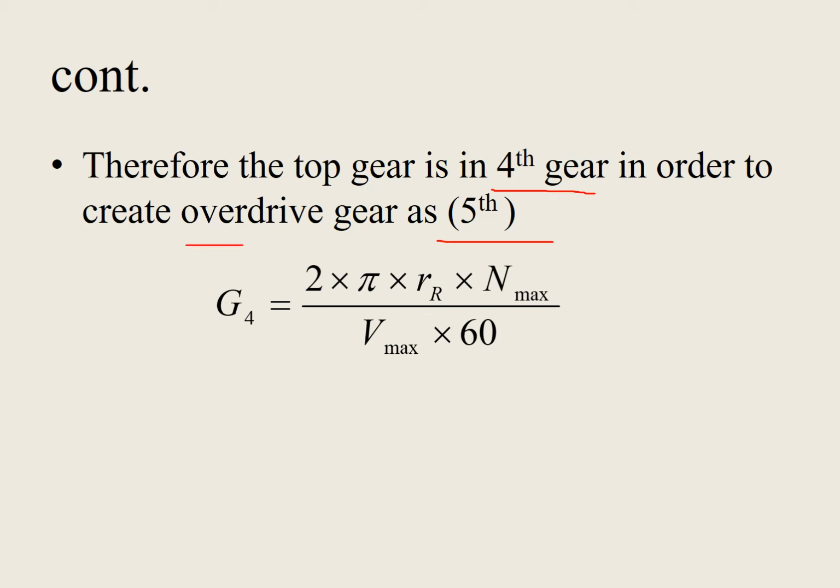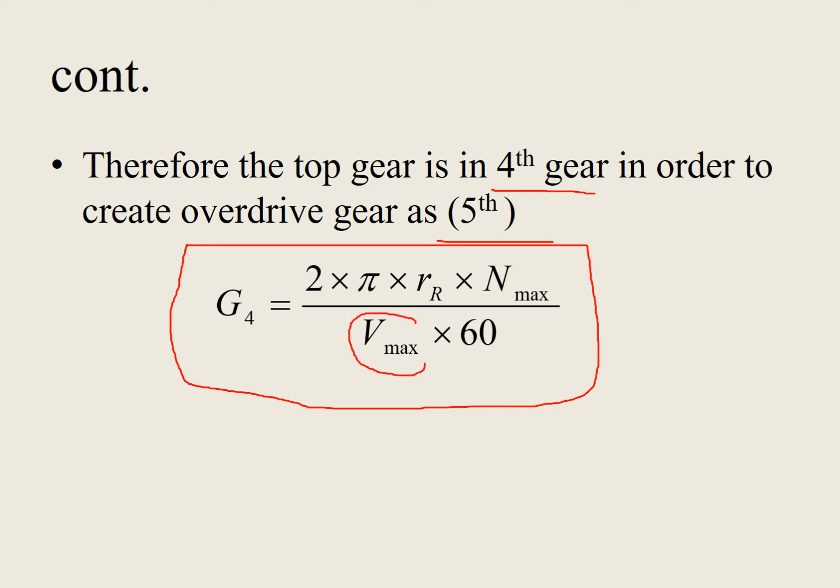So when we calculate the velocity, we will decide the maximum velocity here, and by using the formula in the previous part, we can calculate the gear ratio for fourth gear.